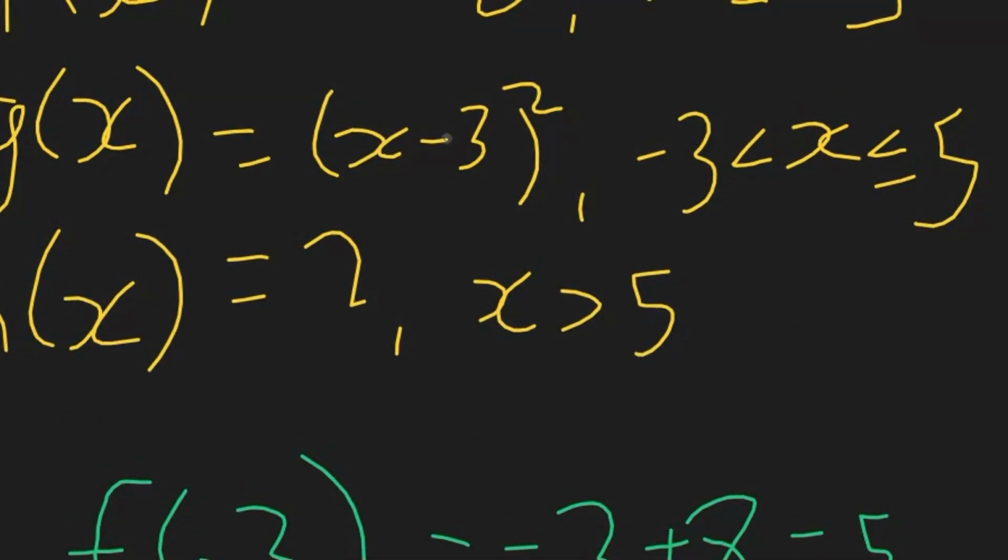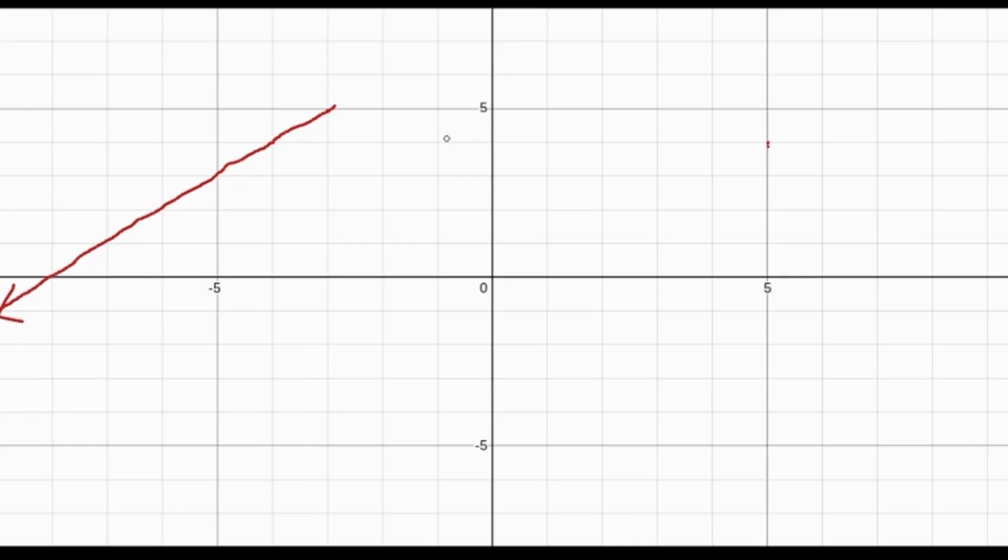By looking at the graph, you can see that the vertex will be at the point 3 comma 0. So that's another point that we can graph. And then from there, it'll go somewhere up. In fact, we can't even see it, but it'll be going somewhere super high up.